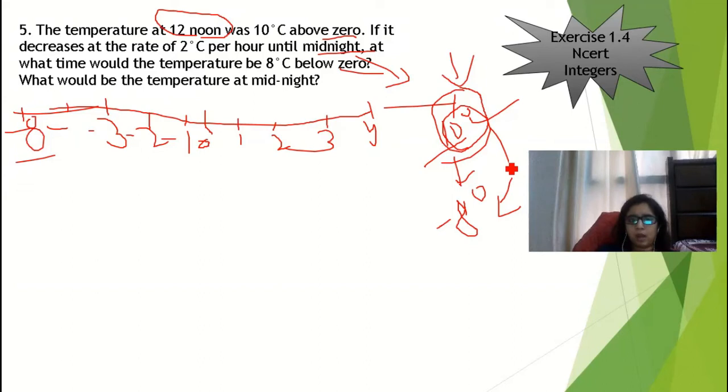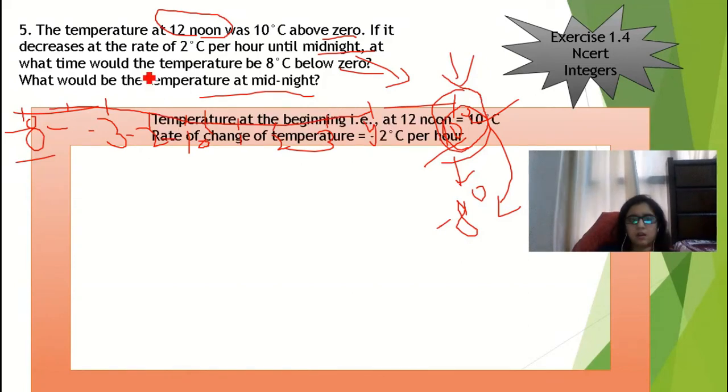And the next part is, what would be the temperature at midnight? So we will solve like this. The temperature at the beginning, that is the temperature they have given at 12 noon, is 10 degrees Celsius. And the rate of change of temperature we assume is minus 2 degrees Celsius. We assume it as minus because it is decreasing.